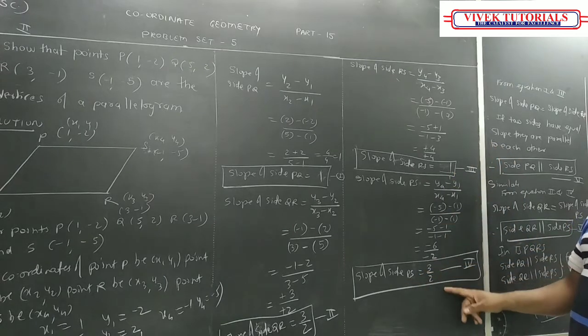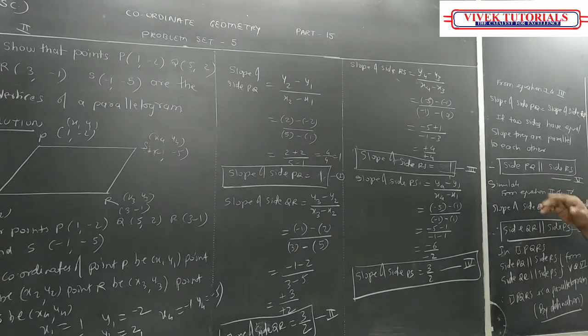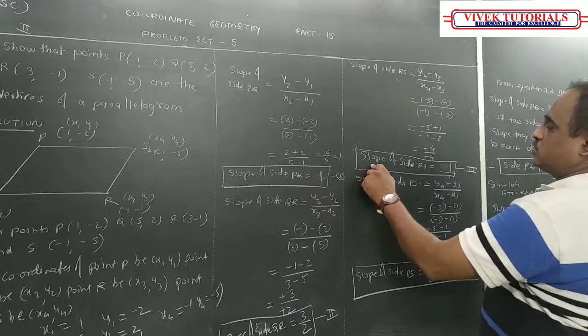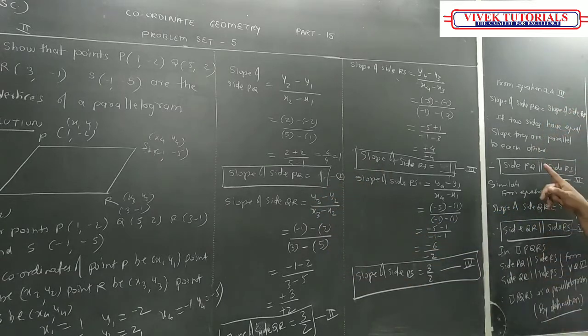And slope of PS is 3 by 2. So ultimately, when these two have equal slope, it means they are parallel to each other. Side PQ is parallel to side RS. This is the reason we are going to write. And similarly, side QR is parallel to side PS. So in quadrilateral PQRS, PQ is parallel to RS and QR is parallel to PS. Means quadrilateral PQRS is a parallelogram by definition.